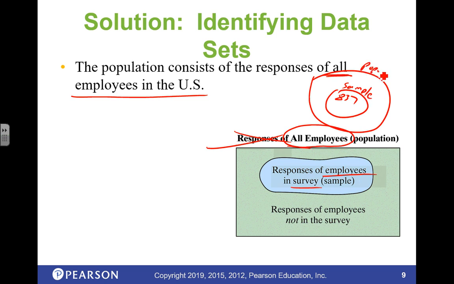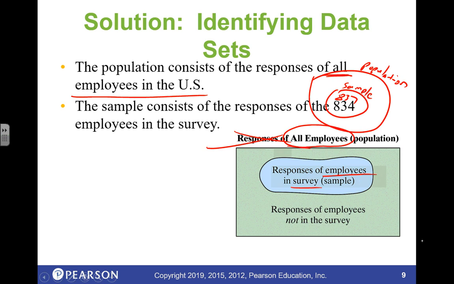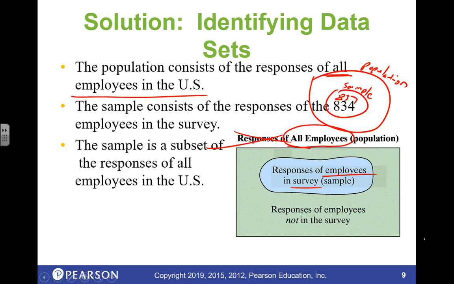So the population is all employees nationwide. The sample is just those people that are a part of our survey. Their definitions are not far from that, but they are just considering the population to be the answers instead of the actual people.